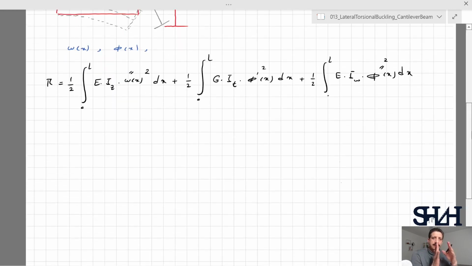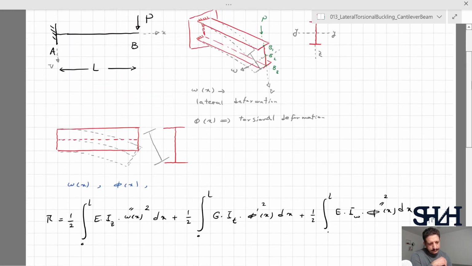And now we need to calculate what is the loss of energy. So the used energy or the lost energy is the energy that starts to move laterally. There is no force in that direction for sure, but because we have bending moment about y-axis, when it starts to move laterally, we have the effect of this movement.